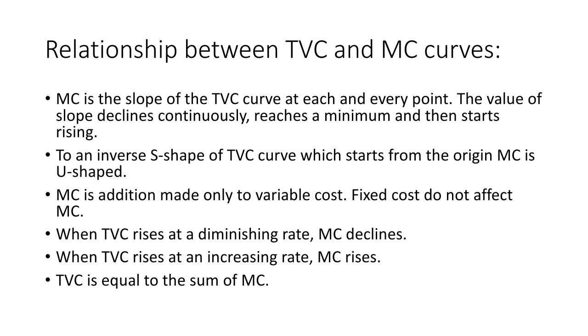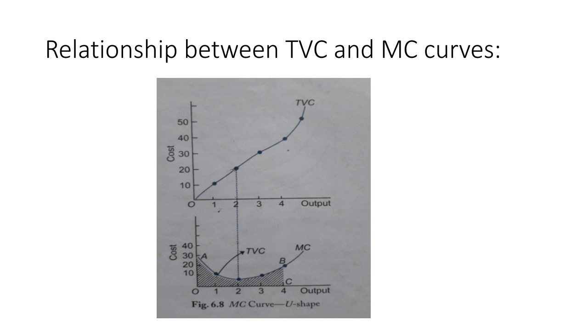That's why MC is the addition made only to the variable cost. For the use of variable factors, we get the variable cost. So fixed cost does not affect MC. When TVC rises at a diminishing rate, MC declines. You can see that when TVC rises at a diminishing rate, MC declines.